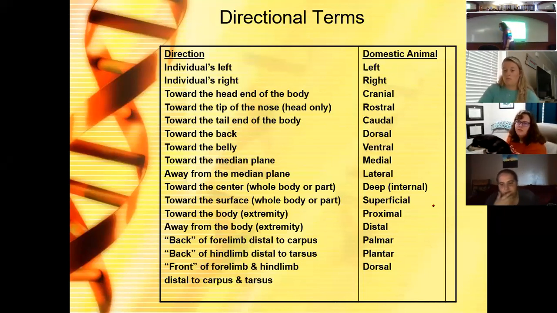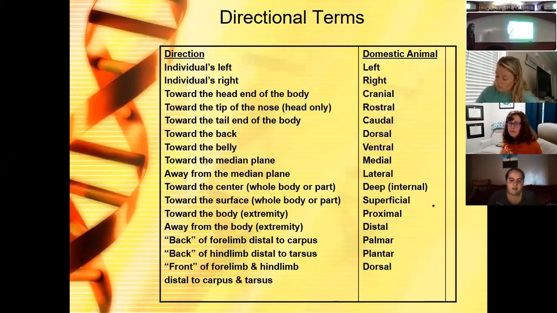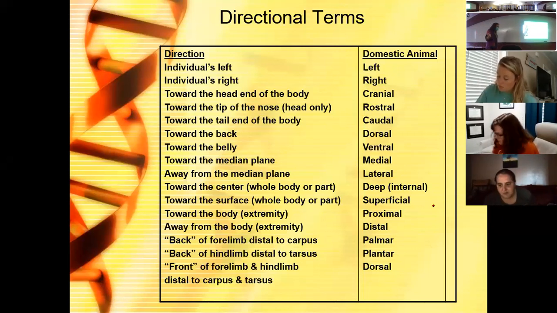Deep is a hard one for me to have a charade to. Deep is just, okay, imagine I have a knife and I plunge it into someone's belly and it goes past the skin, it goes past the connective tissue, it goes into the muscle and into the abdominal cavity.